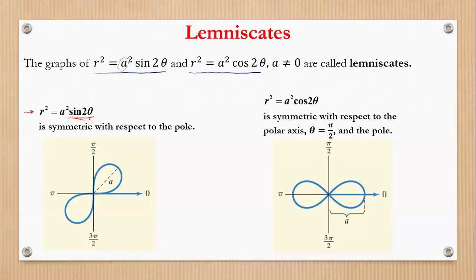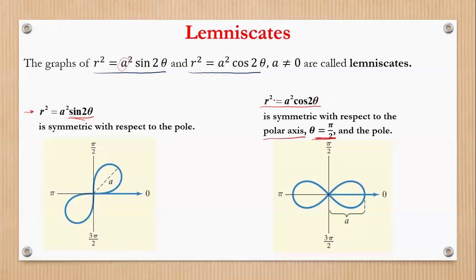For the second one, for the cosine, since the cosine is an even function, if you change theta to negative theta, nothing changed. So that's why it's symmetric about the x-axis. If you change r to negative r, because of the square, nothing changed, and theta also, the cosine doesn't change, so you can say it's symmetric about the y-axis.